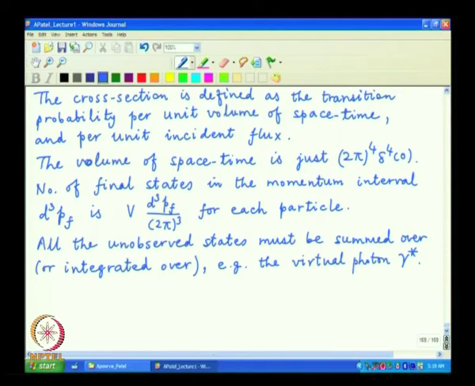So, these rules now allow us to construct the cross section.